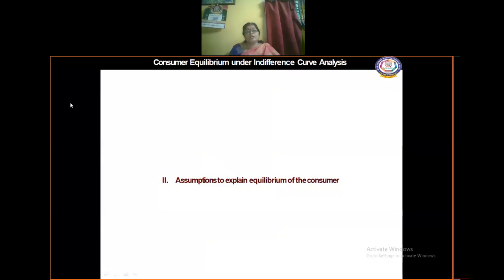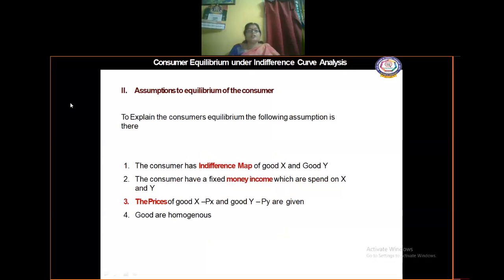Now, the explanation for the equilibrium of a consumer is helped by the assumptions. Now, the assumptions for the equilibrium of the consumer.